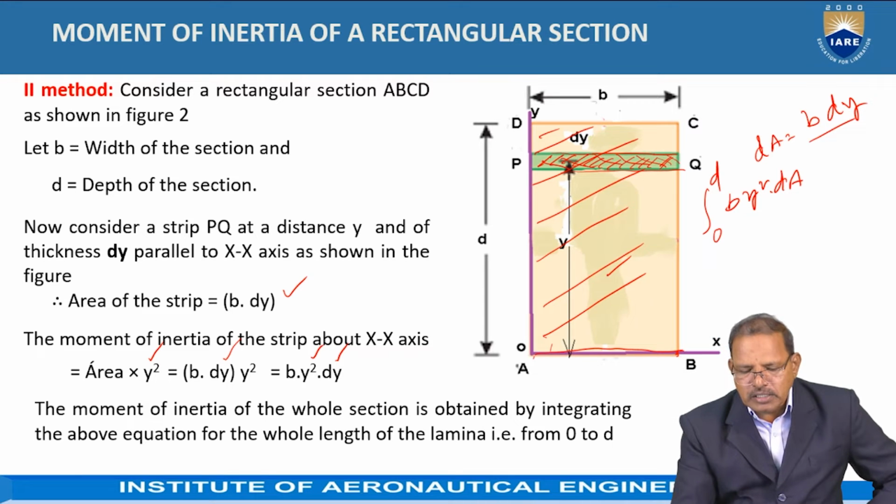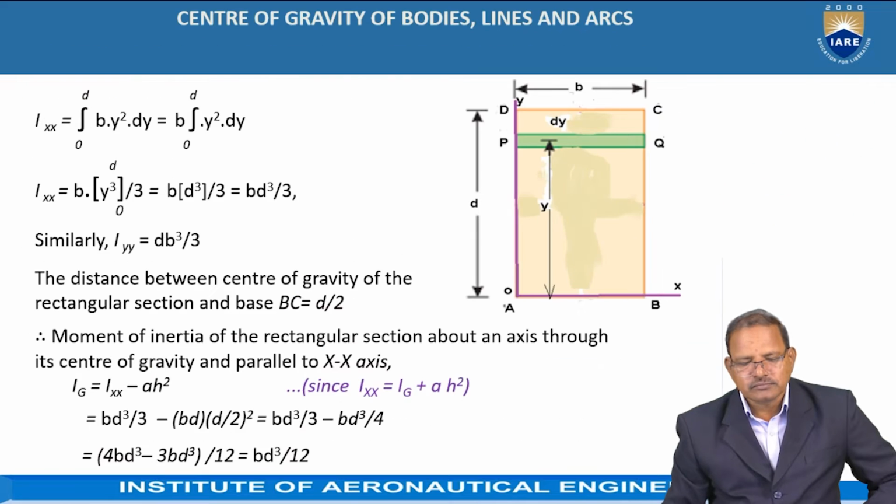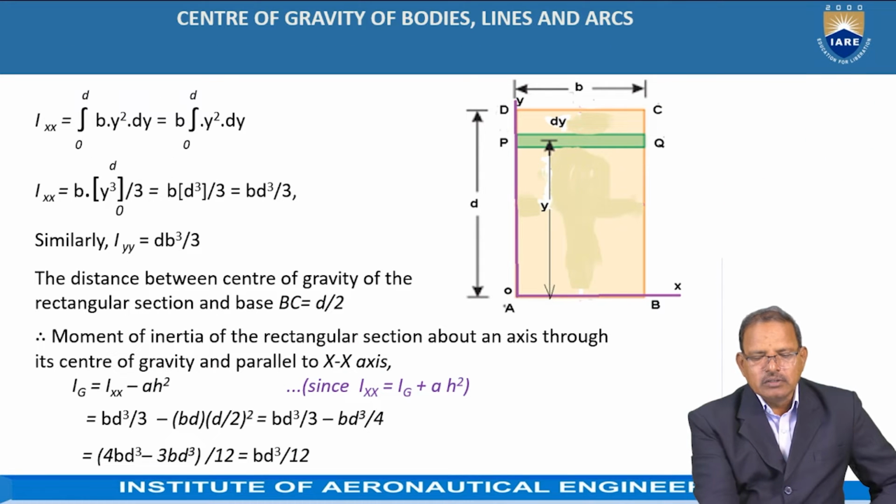Here B represents the breadth, which is a constant. The modified equation is, from 0 to D, B constant times y square dy.